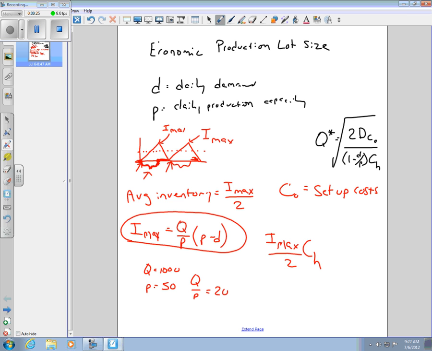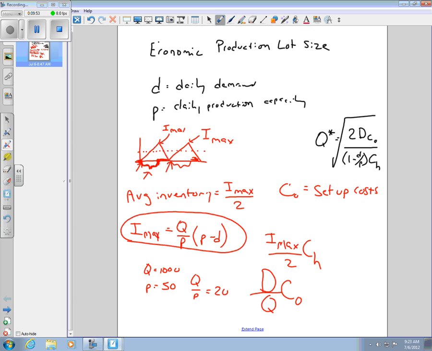If I take my annual demand and divide it by that quantity I'm going to produce, then that gives me the number of production runs I'm going to have to take. D over Q is the number of production runs. If I multiply that times the cost of setup, that's my total setup cost, because every time I shut things down, I've got to start things up again.